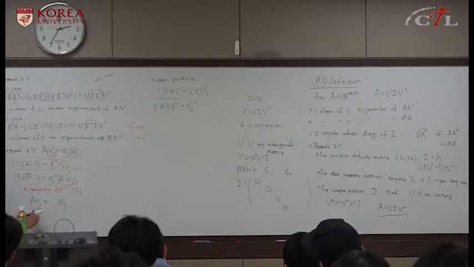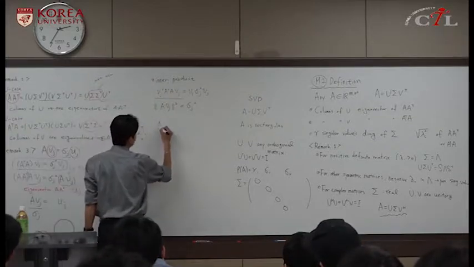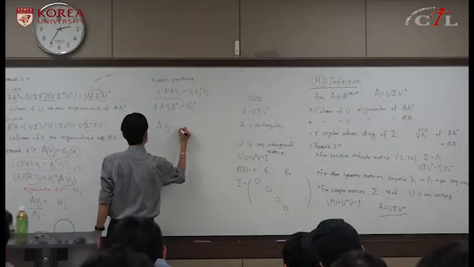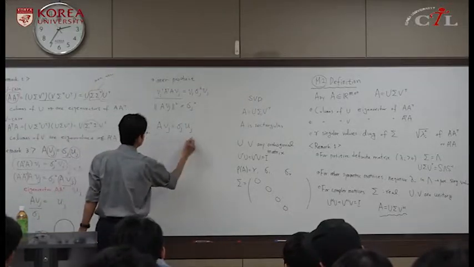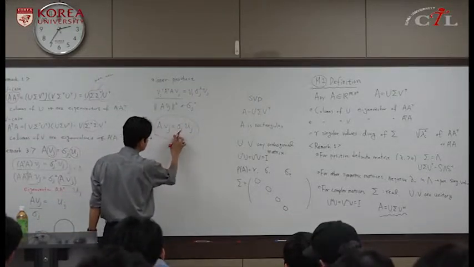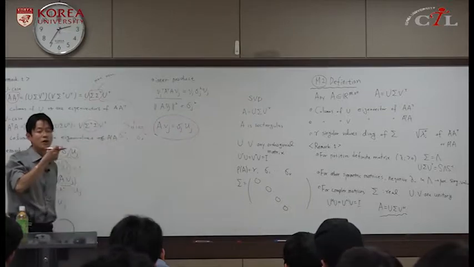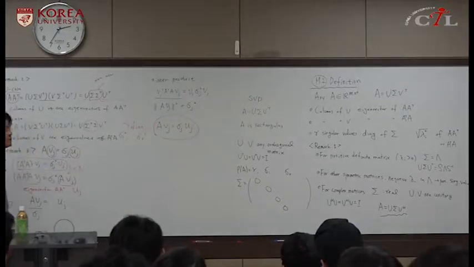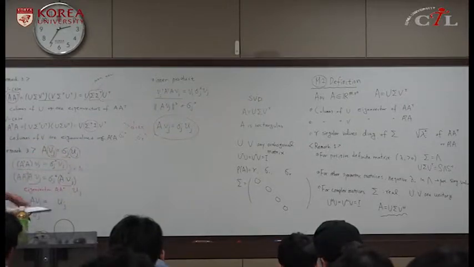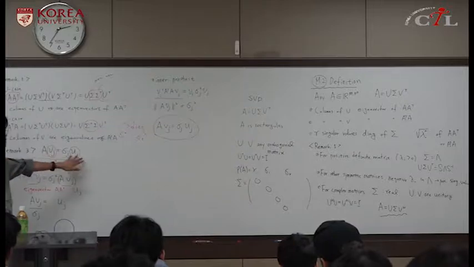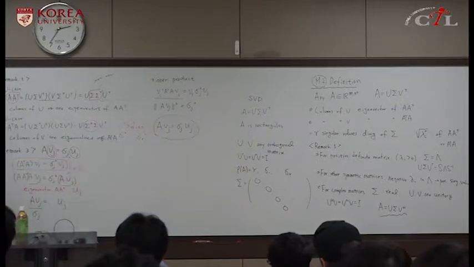That means A Vj equals sigma j Uj. So we proved that A Vj, sigma j, Uj are harmonized in some way, not by arbitrary choice. But if they are decomposed, then they make a specific harmony. U and V also have a specific harmony.